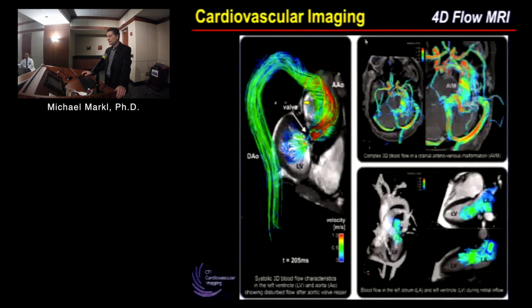I'm showing three examples here: intracranial blood flow, flow in the left atrium and left heart, and flow in the thoracic aorta. This happens to be a patient after TAVI replacement. You can see the flow is disrupted here due to an artifact from the valve, but nevertheless you can map out the flow velocity.